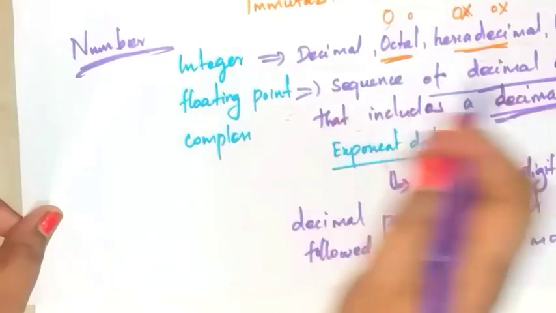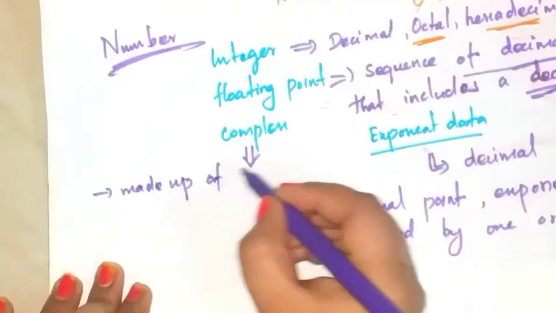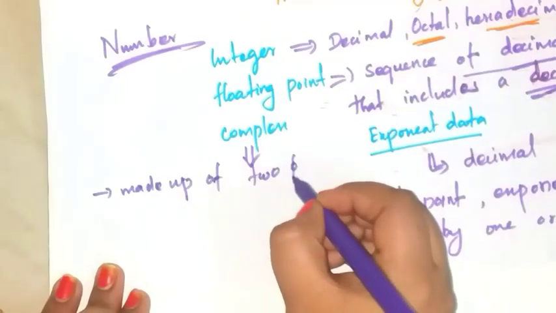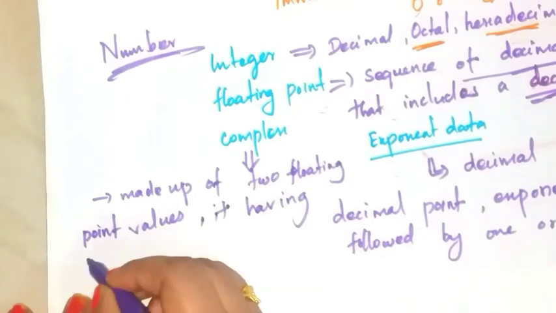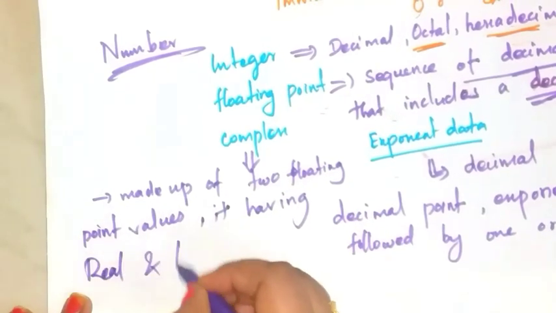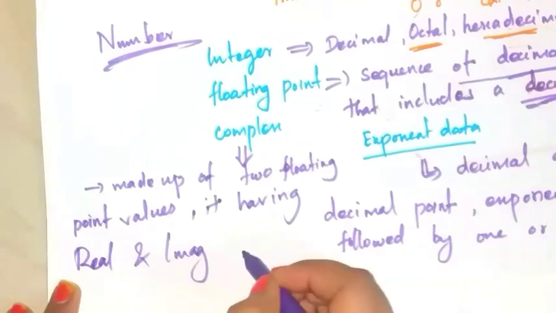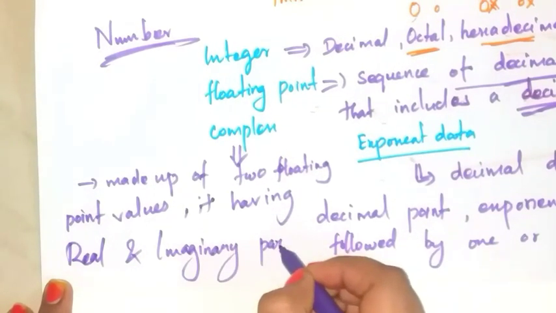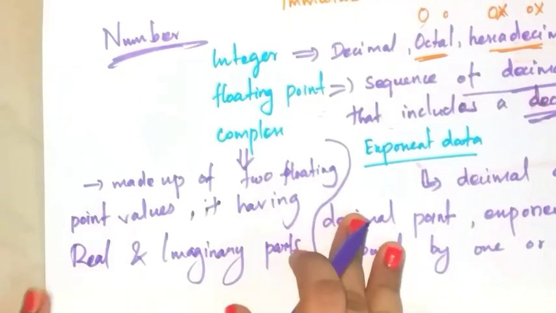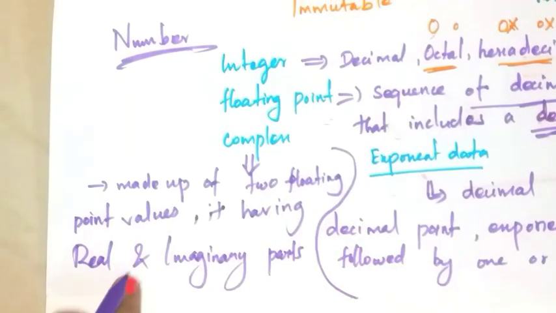Next, let's see complex numbers. A complex number is made up of two floating point values, having real and imaginary parts. A complex number always has two parts. What are they? Real and imaginary parts.